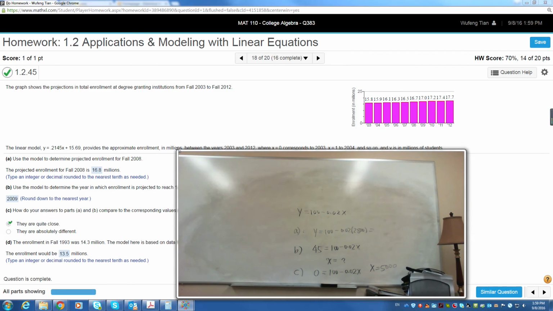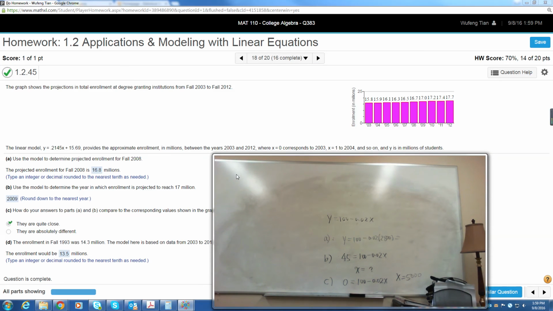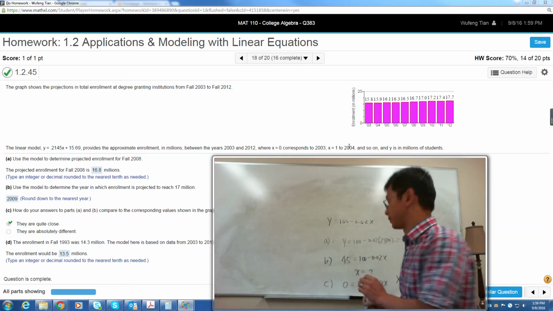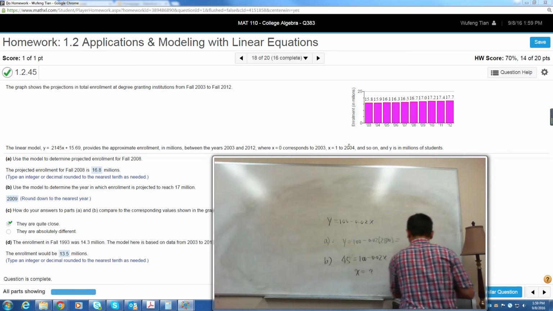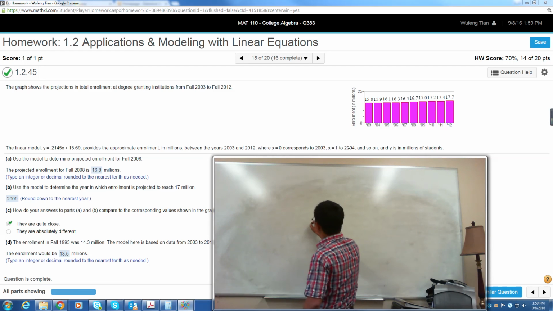Number 18 is, the only thing you need to pay attention to is that x equals 0 is 2003, x equals 1 is 2004. You just match it up, then it should be easy. You have to match the first one.